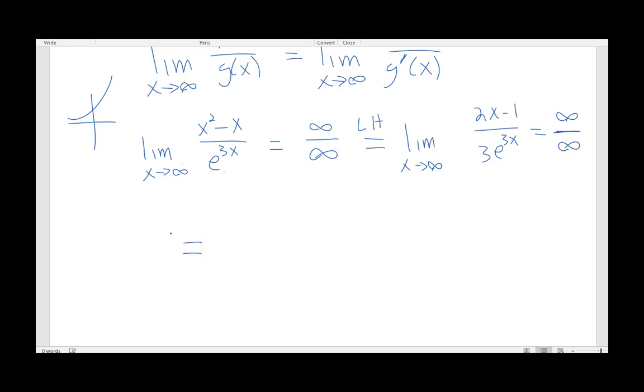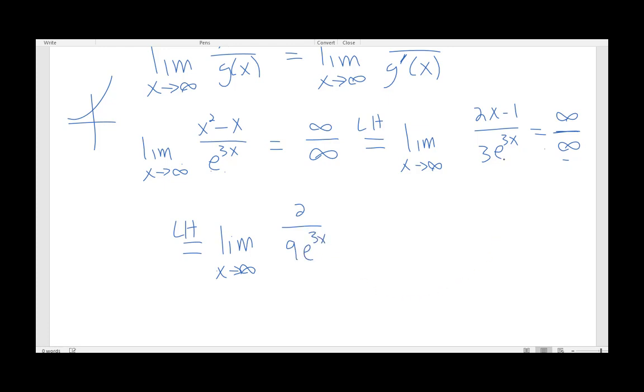So in this example, we actually are going to use L'Hopital's rule a second time. And again, the reason we need to use it a second time is we have this infinity over infinity form. Which one wins the race? So I'm going to come back to 2x minus 1 and take its derivative. I'm going to come back to the denominator, take its derivative, and I'm going to end up with 9e to the 3x.